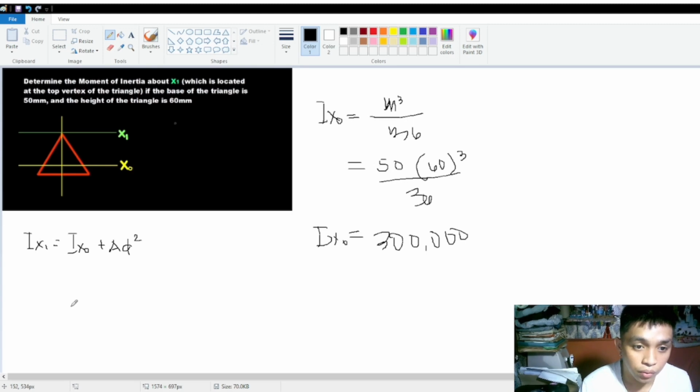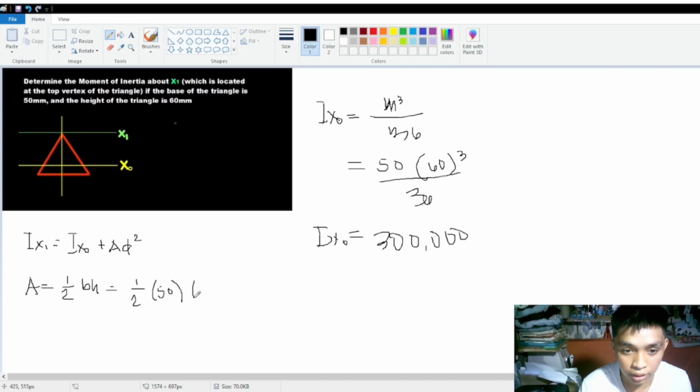We need to find the area first. The area of the triangle is 1/2 times base times height, so 1/2 times 50 times 60 equals 1,500.